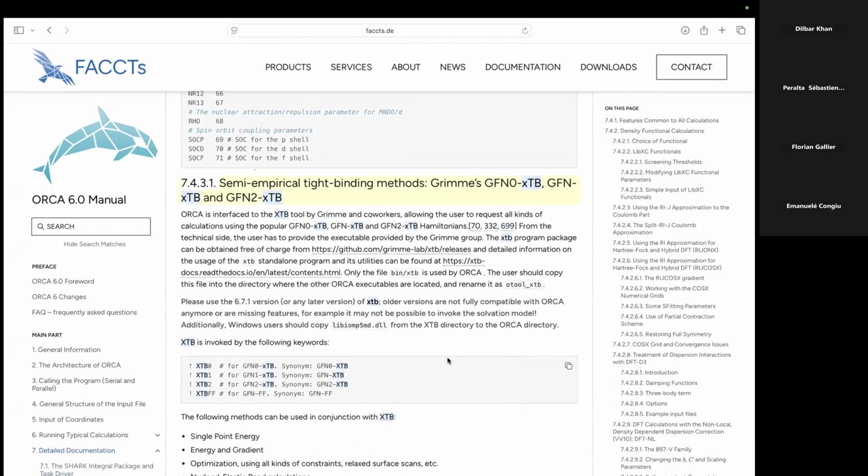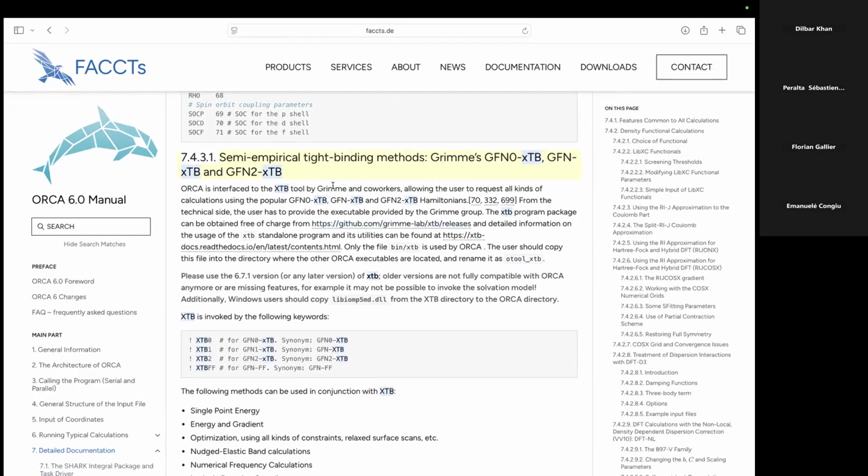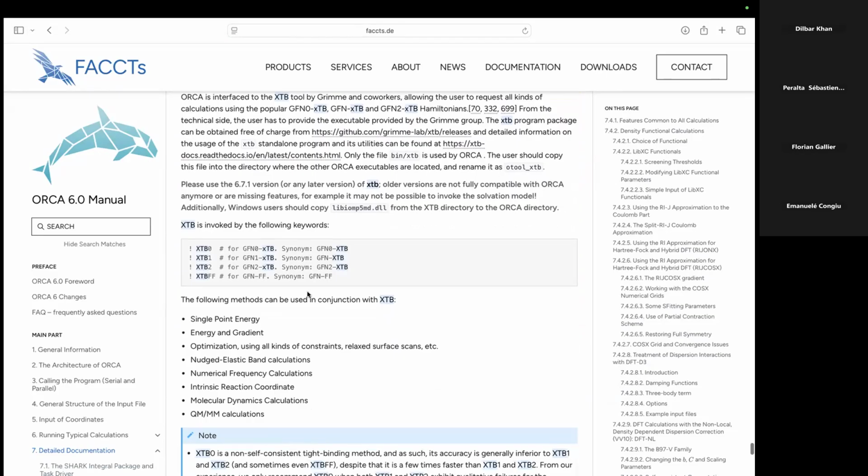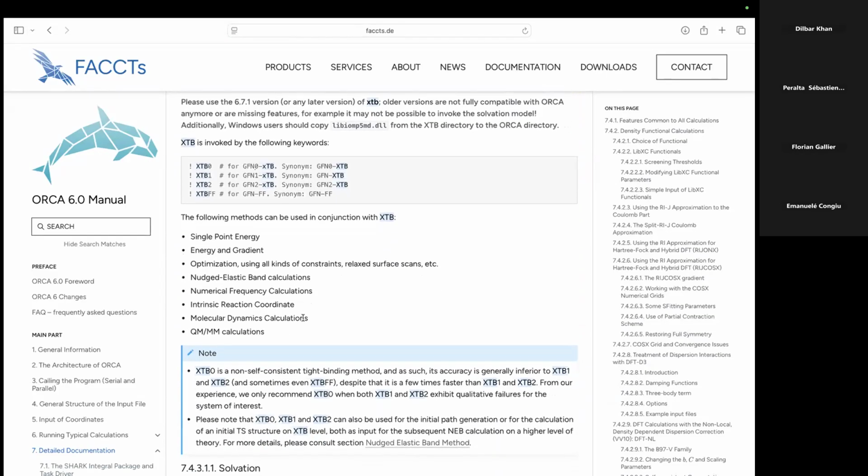So in the ORCA program there are several semi-empirical tight-binding methods by Stefan Grimme's group. These methods have been popular very recently, so you can do many different types of computations. These computations are relatively faster than DFT, so you can run molecular dynamics simulations using these methods.